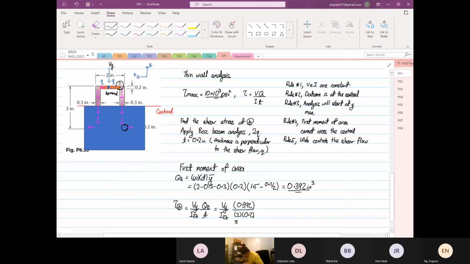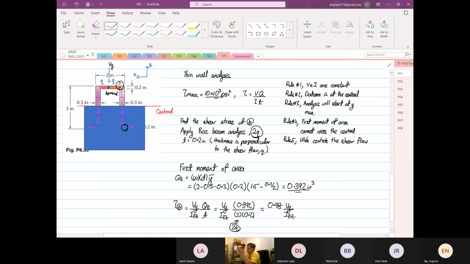Why 2 over here? Because of the 2Q. We wrote 2Q down here, so you have the left and the right. So this is equal to 0.392 divided by 2 divided by 0.2, which is equal to 0.98 Vy over Izz.